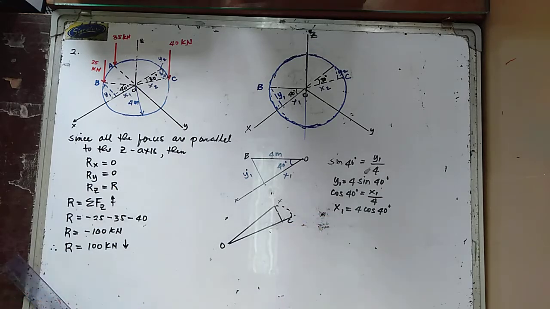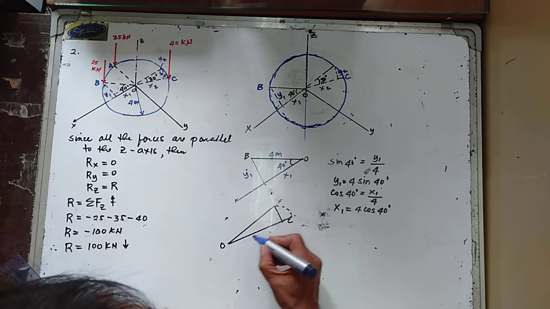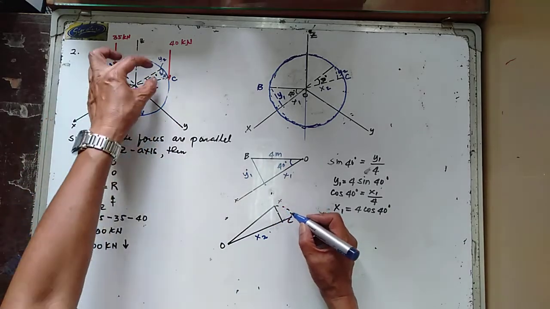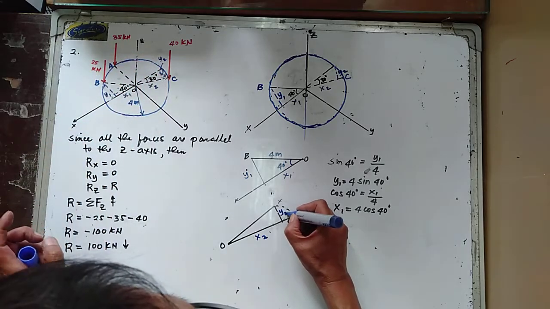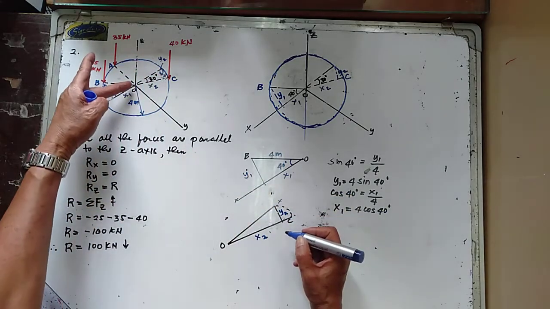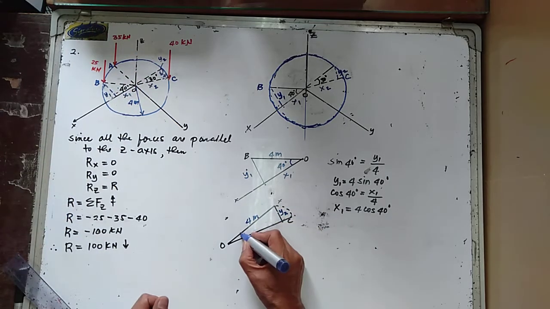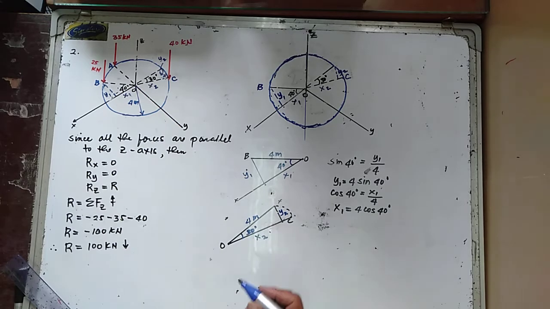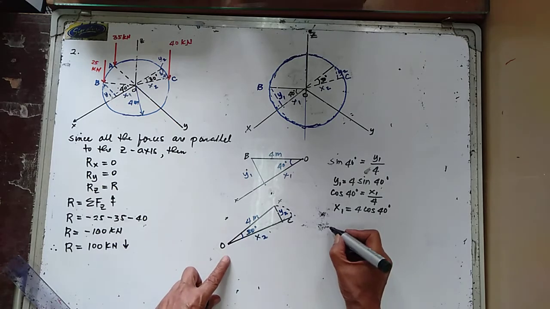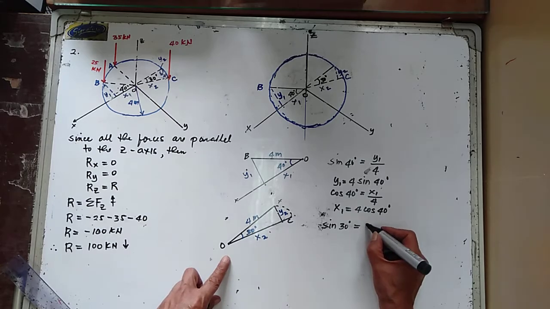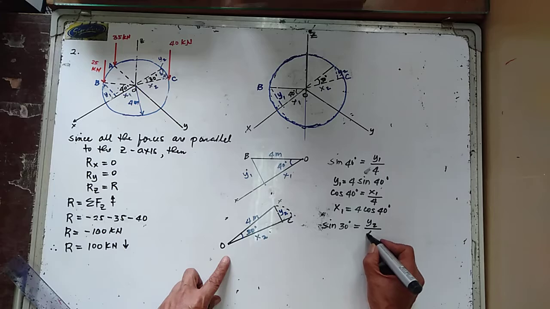So I will consider this point in here as now your x sub 2. From this point up to that is x sub 2. And this one in here is now your y sub 2. And we still have the radius of the plate, which is equal to 4 meters. Again, this is now your 30 degrees. Now, if you're going to get a sine of 30 degrees, this is equal to y sub 2 all over 4 meters.